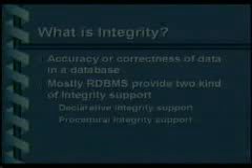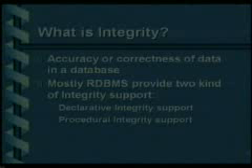Suppose your enrollment number, instead of 9 digits, somebody has entered 6 or 7 or 8 digits. That kind of error should be caught. That can be put as an integrity constraint from a database management system. And that's what we are looking forward to. What is integrity? Accuracy or correctness of data in database.